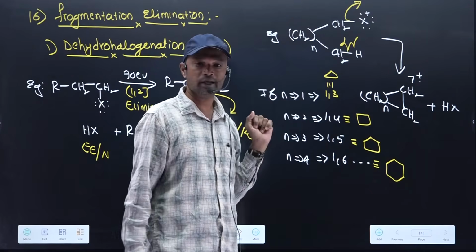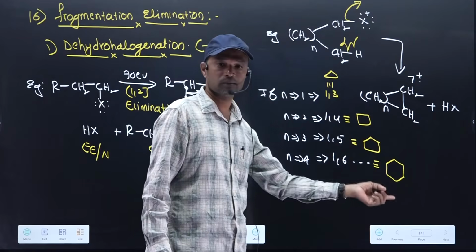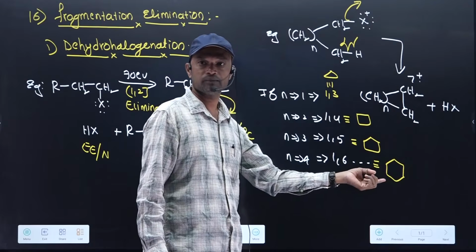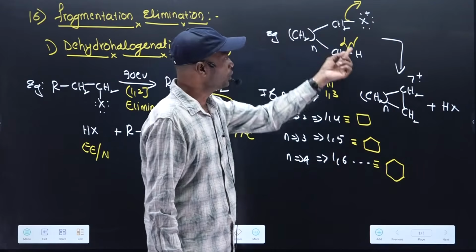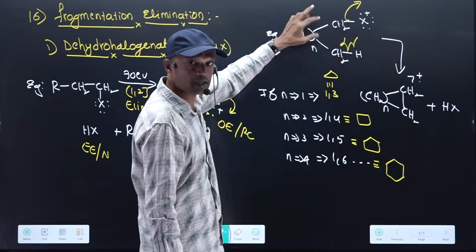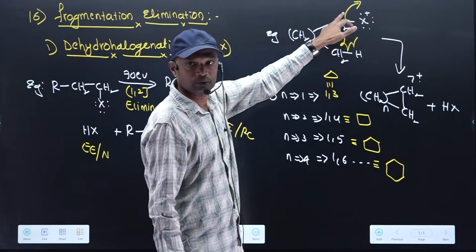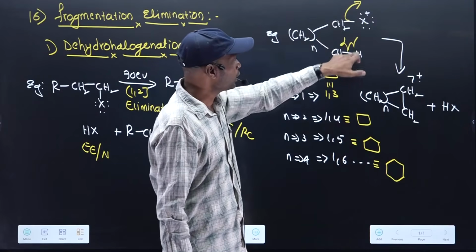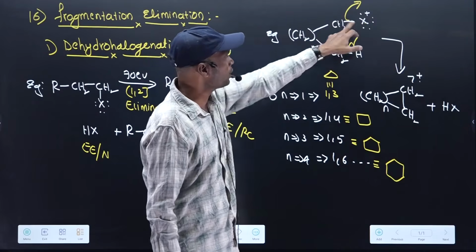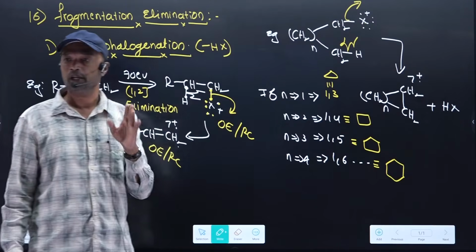What is the meaning of cyclization? Formation of a ring. Am I preparing a ring or not? Yes, I am preparing a ring. Okay. So during dehydrohalogenation in a long chain halogen derivative, there is a possibility of forming various types of rings.